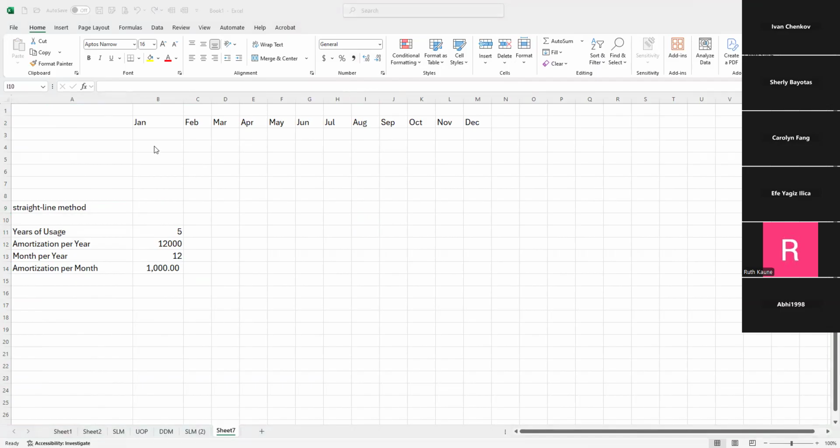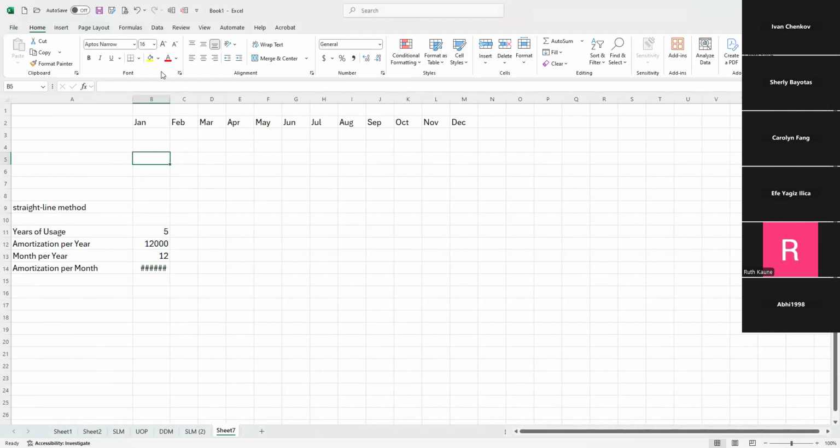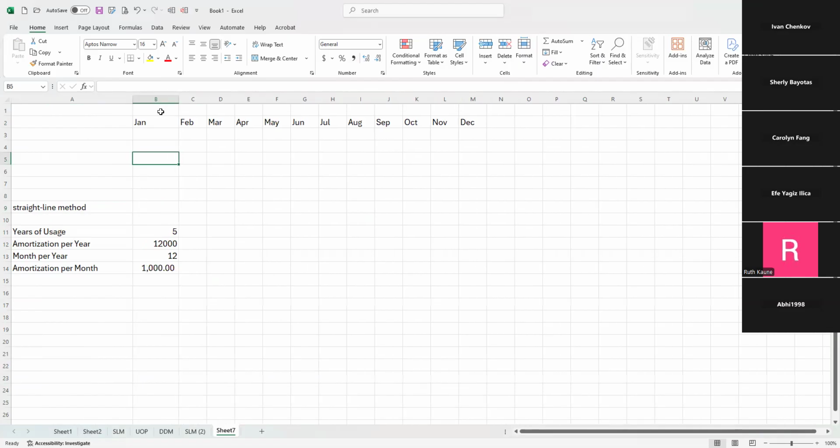But that's if we purchase the asset in January. So every month we amortize 1,000 and keep going, keep going, for the whole year.